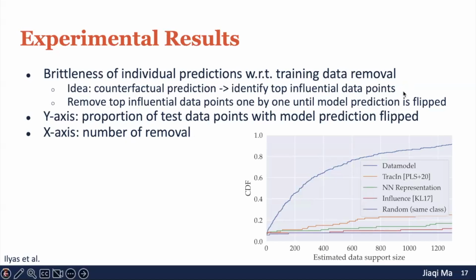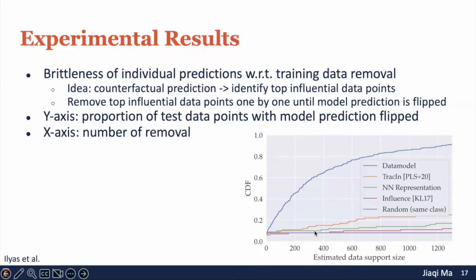In this evaluation, we do this for a bunch of test data points. For each test data point, we remove the top influential data points one by one until the model prediction is flipped for this test data point. So in this plot, the x-axis represents the number of training data points being removed, and the y-axis represents the proportion of the test data points that got their prediction flipped by removing a certain number of training data points.